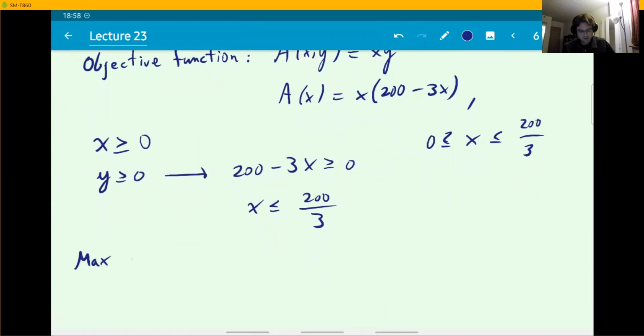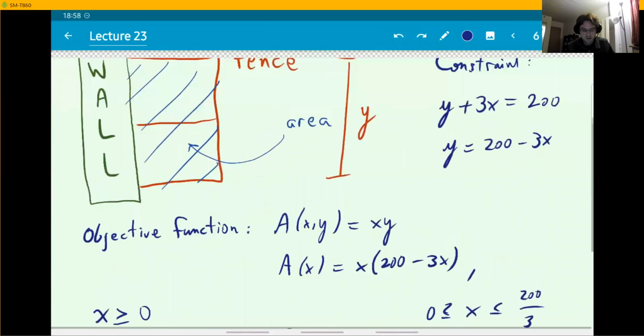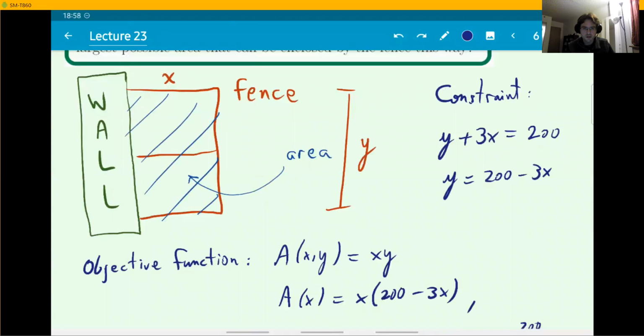Max A is not at x equals 0 or 200 over 3, because those are actually 0. A of 0 and A of 200 over 3 are both 0. We don't even need to calculate them in the formula, although it would be very easy. We don't even need that because we know what it means physically, looking at the picture. If x is 0, this rectangle has no base.